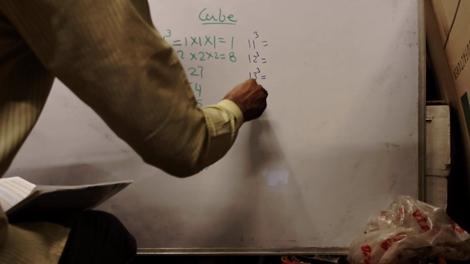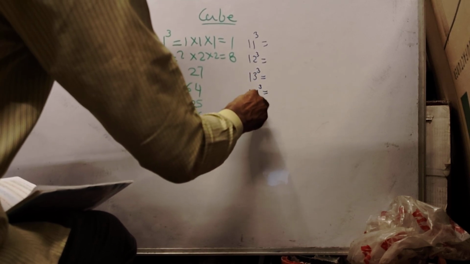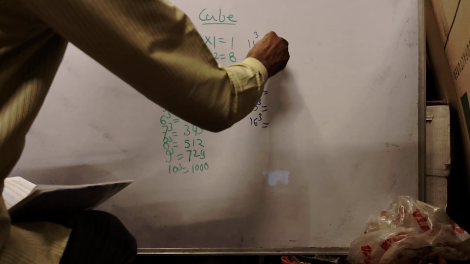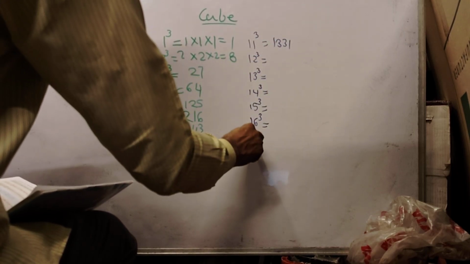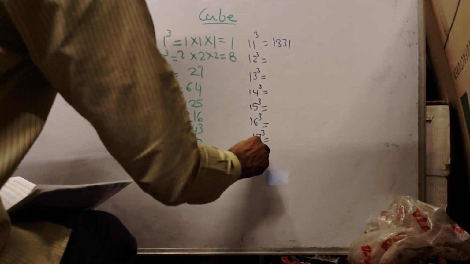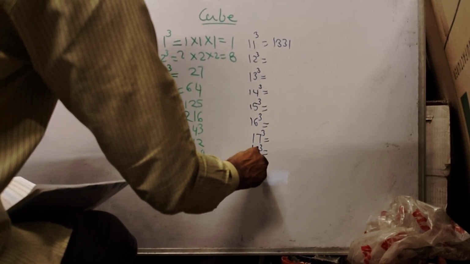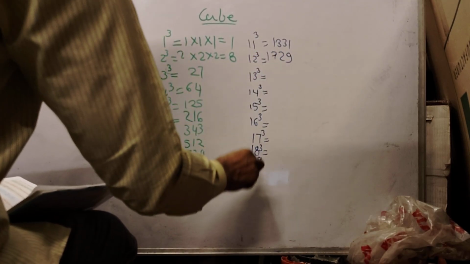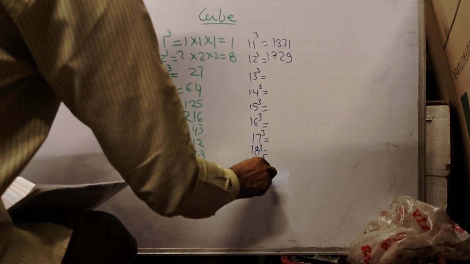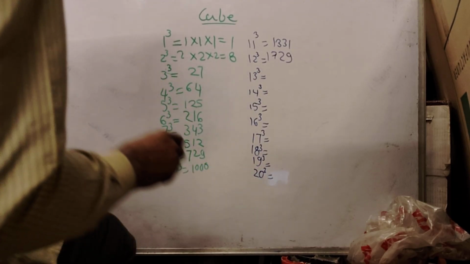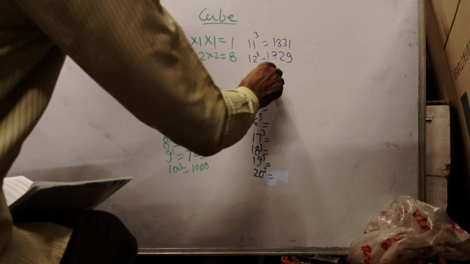Now 11 cube, 1331. Correct. 12 cube, 1728. Correct. 13 cube, 2197.